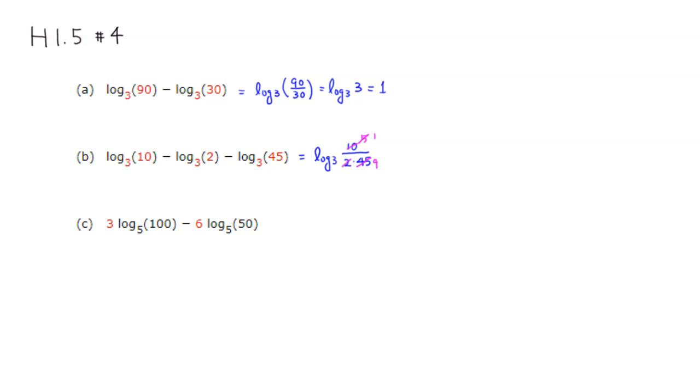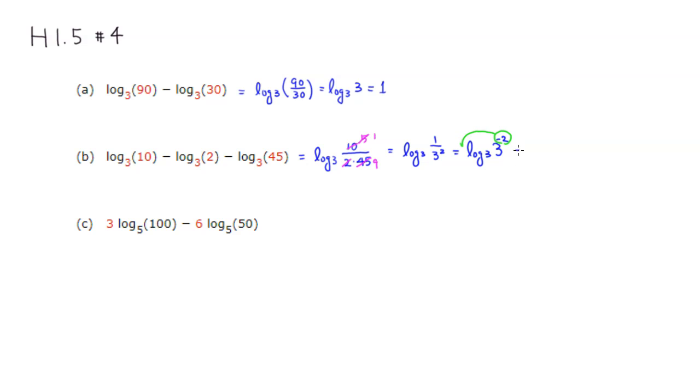All right, so 9 is 3 squared, so we can write it as log to the base 3 of 1 over 3 squared, right? But the reciprocal is just a negative power, so we can write it as log to the base 3 of 3 to the negative 2 power. Then using one of the log properties, you can put this power right in front of the log.